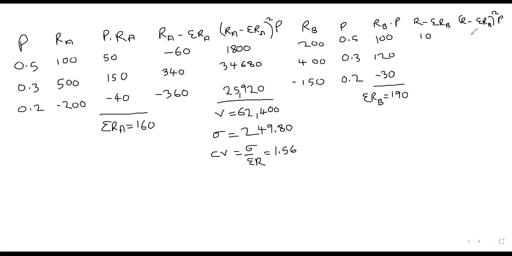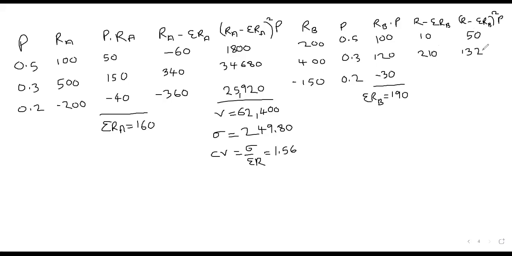That's 100, and times 0.5, that's 50. And 400 minus 190 is 210. Then we square 210, then multiply by 0.3, which is 13,230.